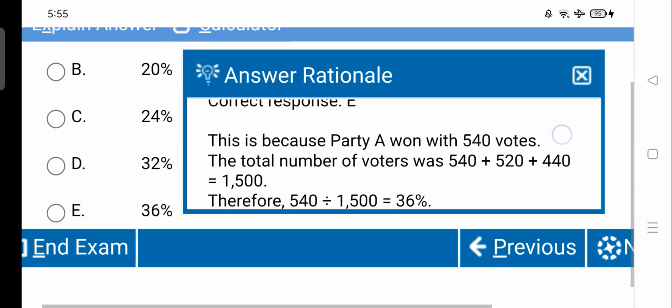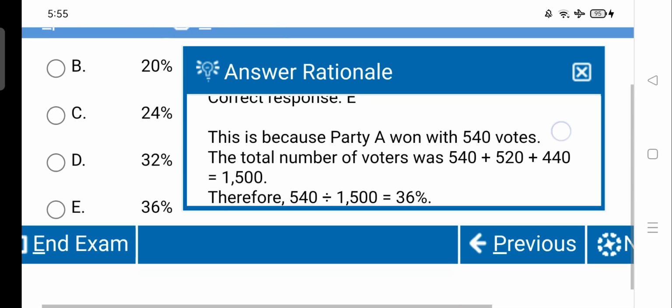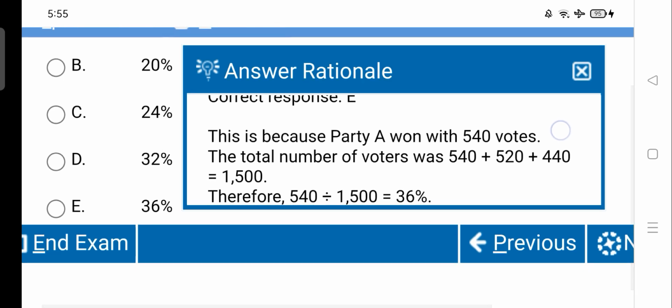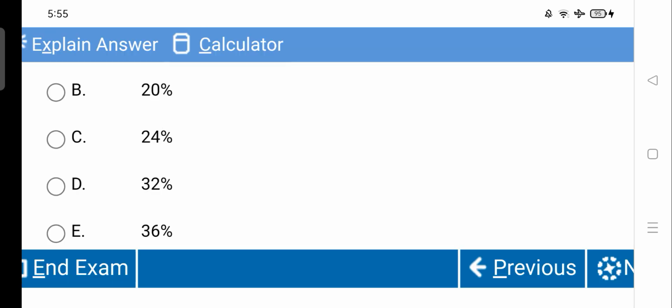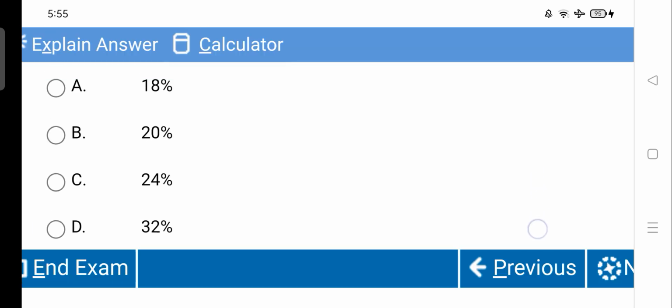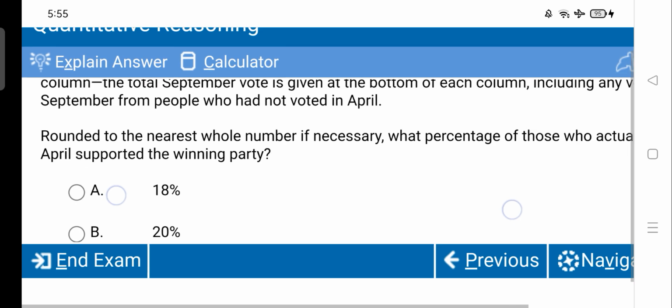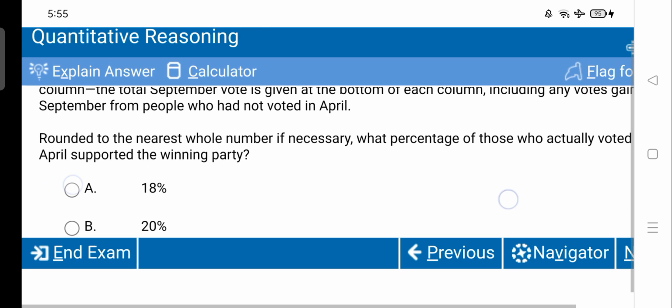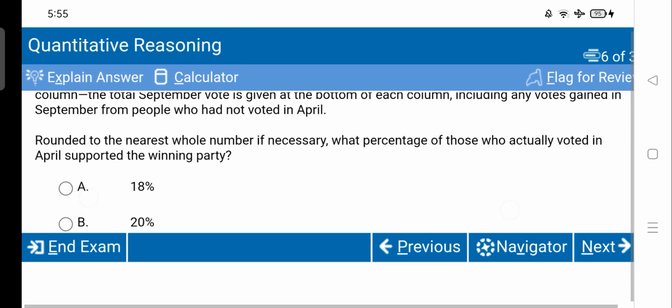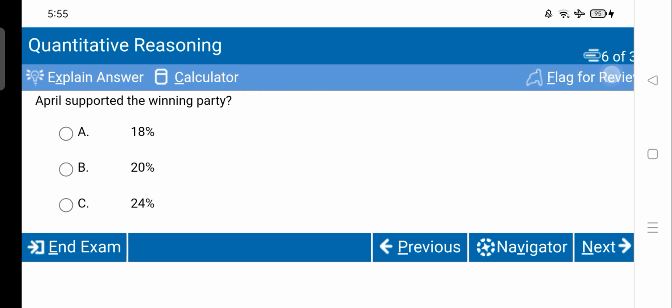Therefore, 540 divided by 1500 equals 36 percent. So option E is the correct response, that 36% of those who actually voted in April supported the winning party.